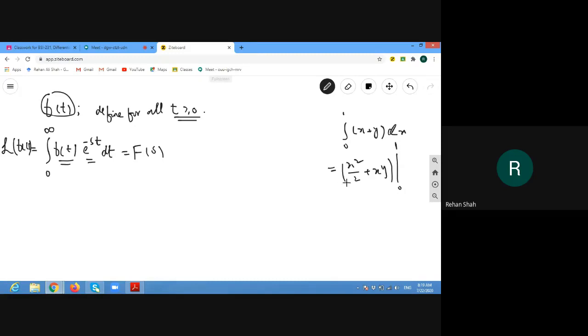If you apply this limit, when you put x is equal to 1, you will get 1 by 2 plus 1 multiplied by y, which is y. If you put x is equal to 0, this term will become 0. And this is the result, 1 by 2 plus y. 1 by 2 plus y can be written as a function of y.